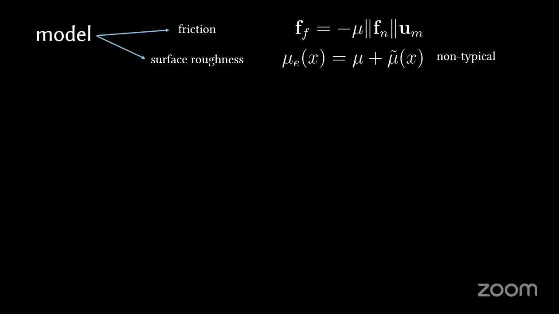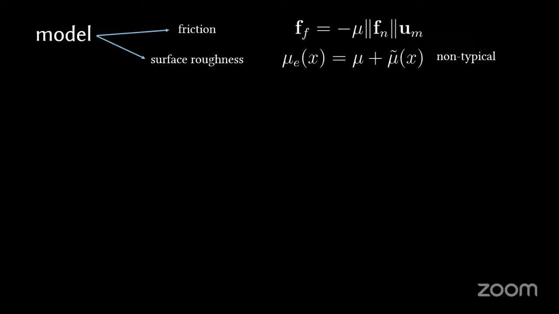Non-typical even for the times of 2001, or at least what I think is non-typical. I didn't know much about how the field was at that time. But yeah, let's start by talking about this.